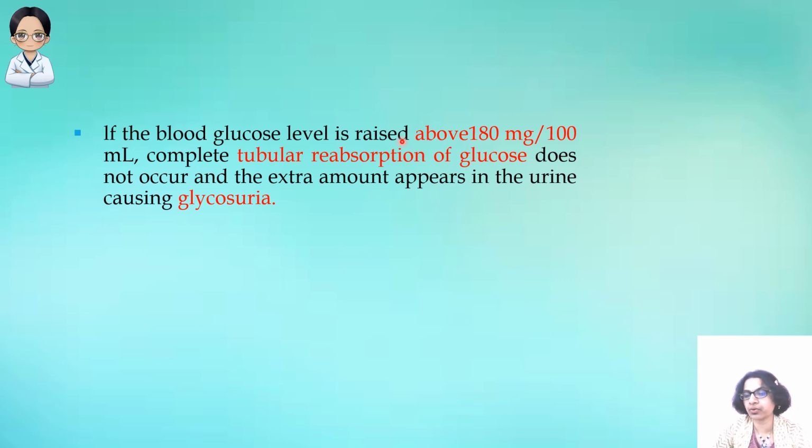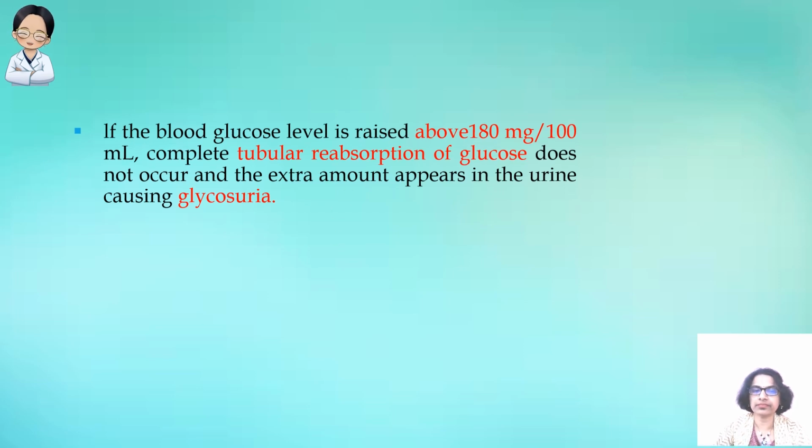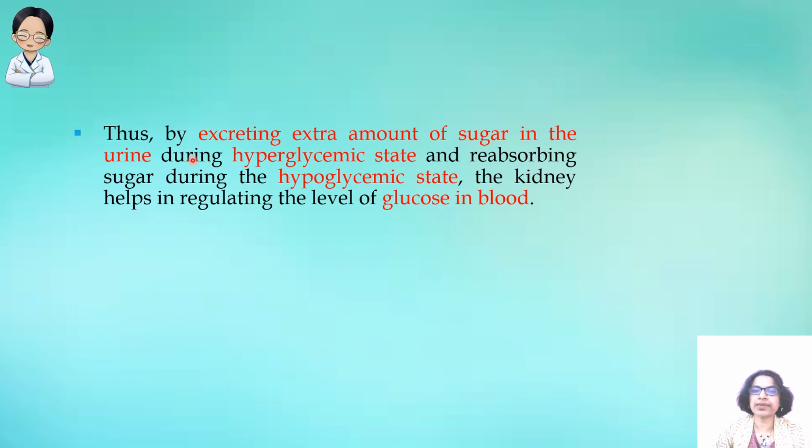The excess glucose is eliminated by the kidneys, causing glycosuria. In the previous classes we discussed what glycosuria is: the presence of glucose in the urine. By excreting extra sugar in the urine during the hyperglycemic state and reabsorbing sugar during the hypoglycemic state, the kidney helps in regulating the level of glucose in blood.